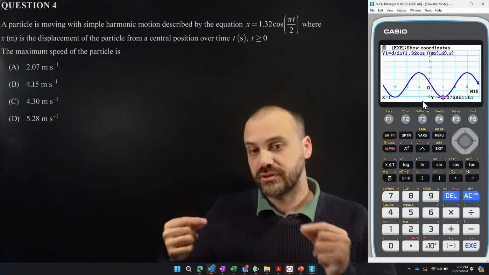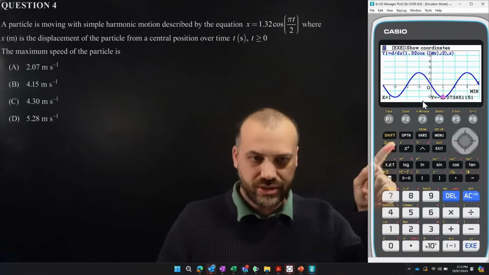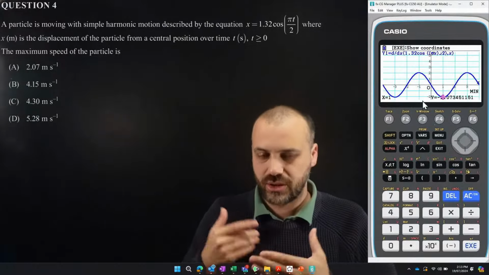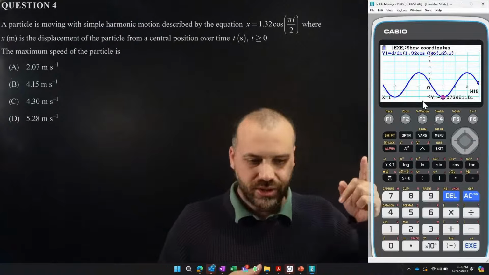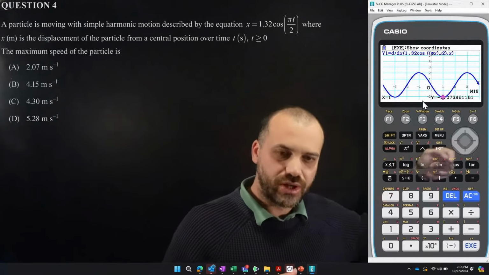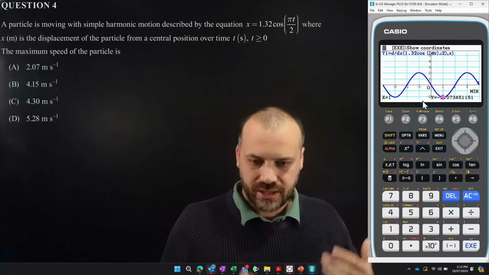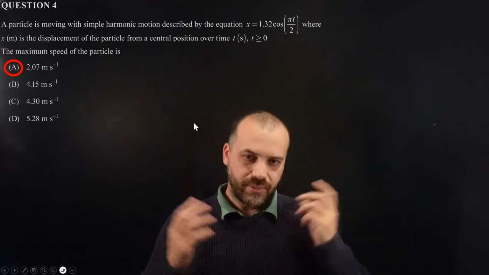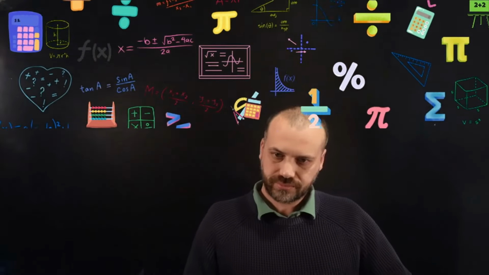Speed is the absolute value of velocity. So that is a time also when our object is traveling at a speed of 2.07. So there's time 1, time 3, it's going to repeat. So time 1, time 3, time 5, time 7, all of these are going to have maximum speeds of 2.07. My answer is A.